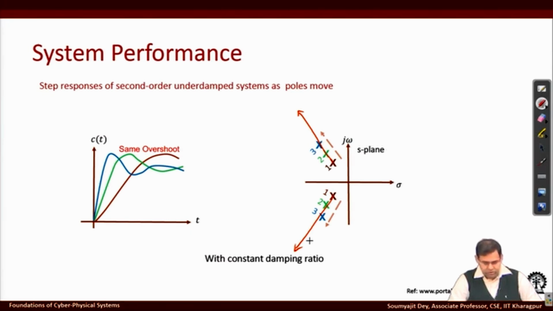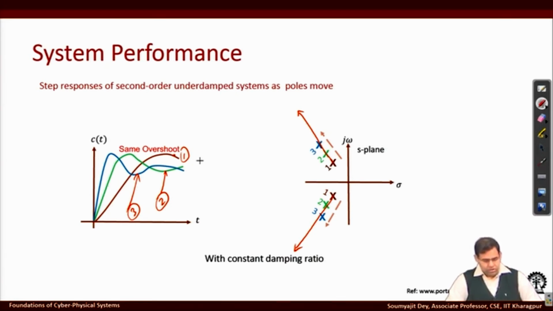So, this was the behavior for 1, with a bit more damping and a bit more oscillation you have this, and with even more damping and even more oscillation you have this. Both the damping and the oscillation are increasing. It is going down faster, but also the amount of fluctuations is increasing.